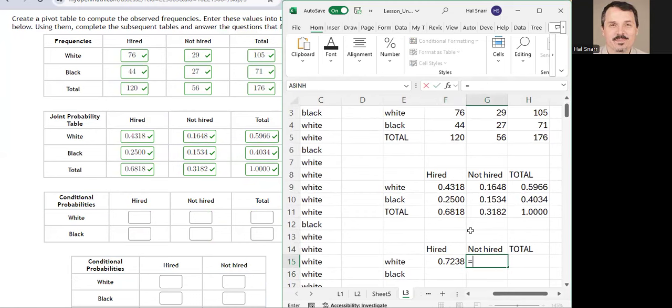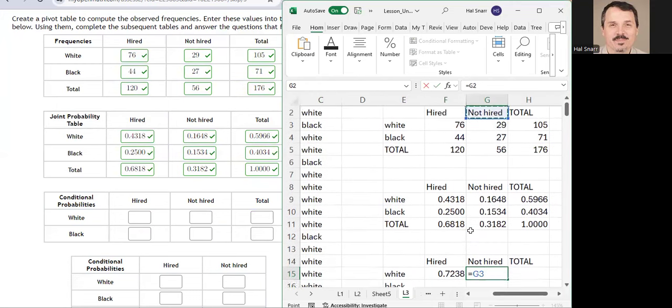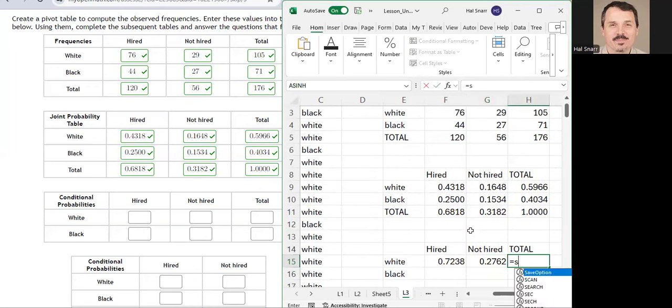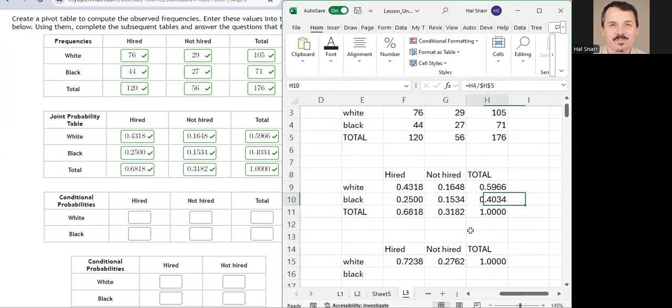Then we're going to do the same thing here. We're going to take the number of white applicants that were not hired, 29, and divide that by the number of white applicants, 105. And notice that their sum is what? The sum is 1. So this is a frequency distribution. So there's 3 there.